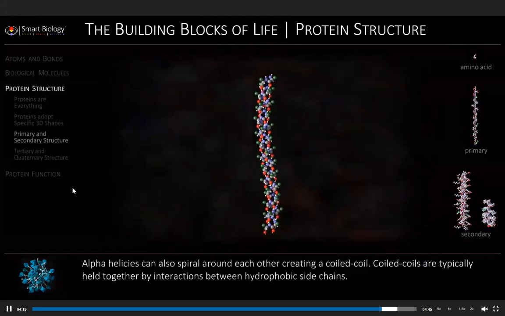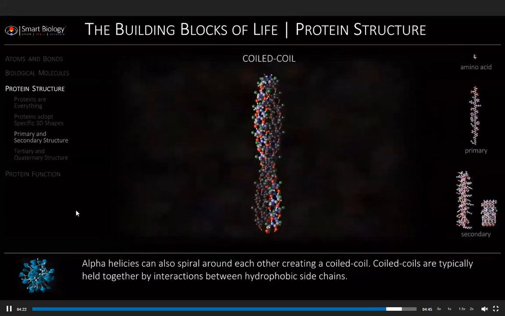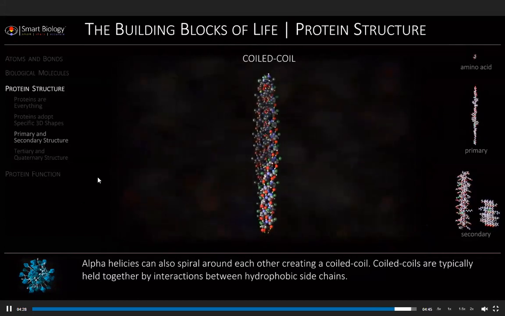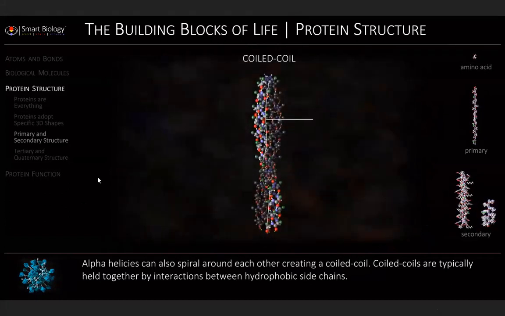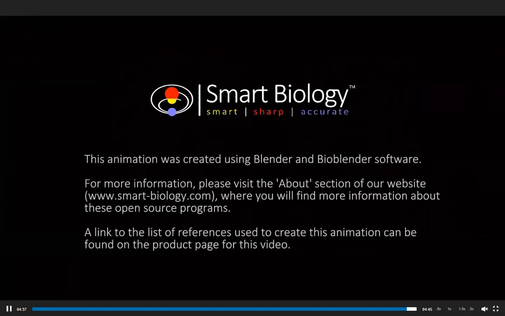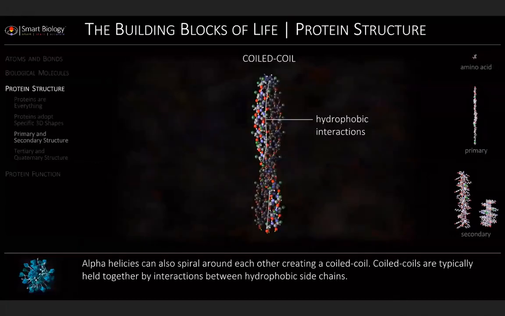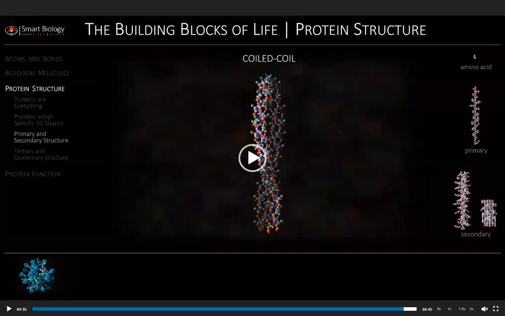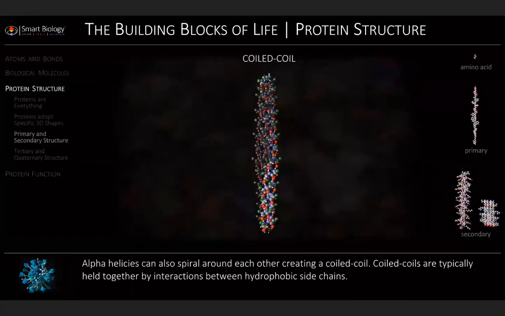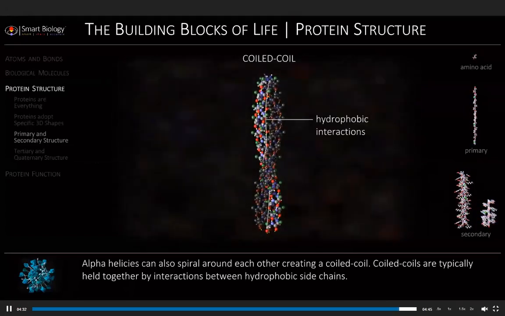Alpha helices can also spiral around each other, forming what is known as a coiled coil structure. Coiled coil proteins are very commonly seen, and they form with the help of hydrophobic interactions.